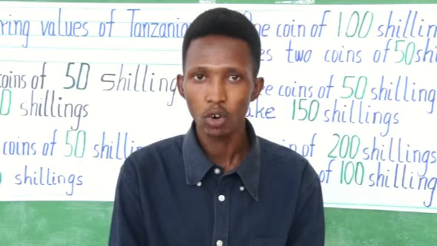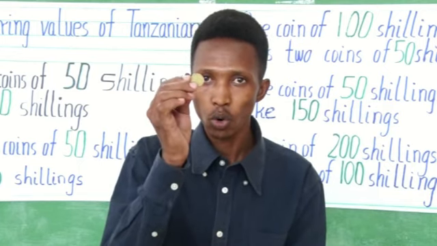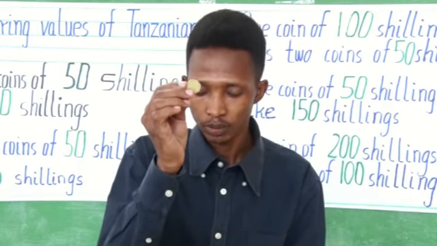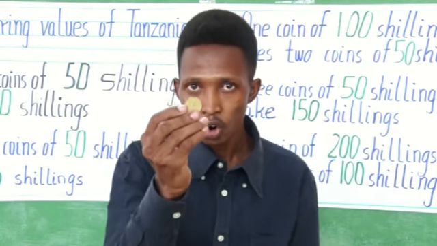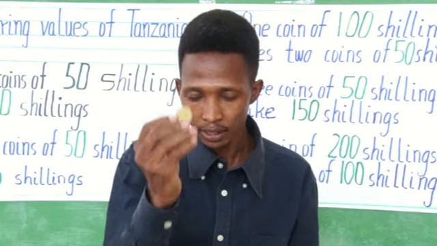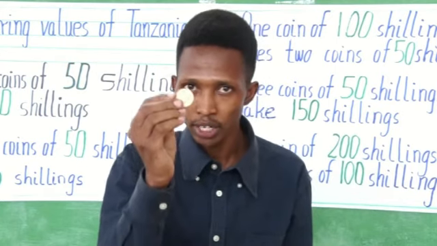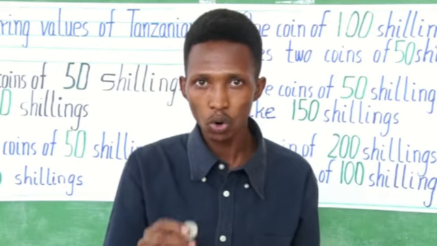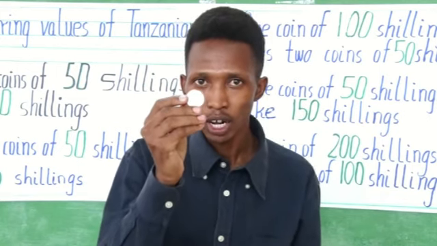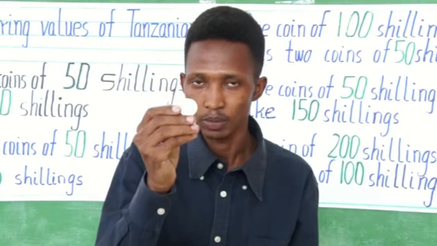So this means there is only one single coin of 50 shillings, and then only one single coin of 100, then only one single coin of 200, and then only one single coin of 500 shillings.